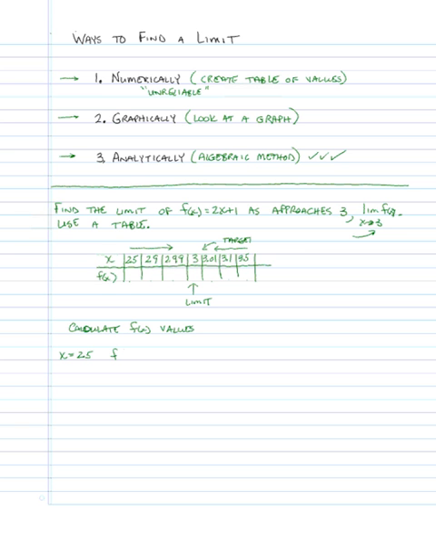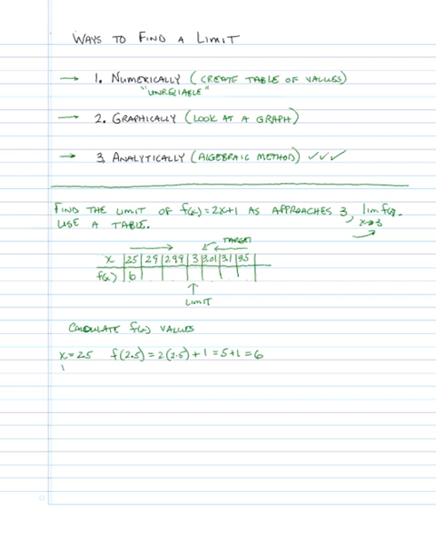Then we need to know what f of x is, or f of 2.5. And so we simply replace in our formula for f of x 2.5 every time we see an x. So it would look like 2 times 2.5 plus 1. Well, that would be 5 plus 1, or 6. So in our table, corresponding to the x of 2.5, we have an f of x of 6.